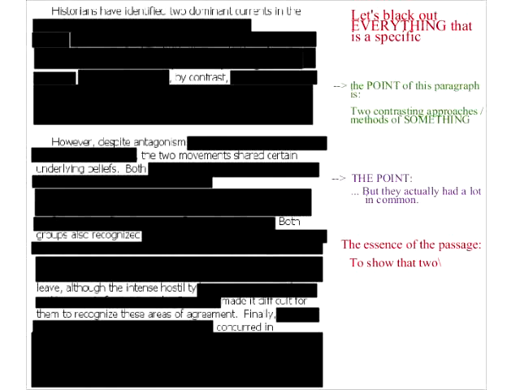to show that two contrasting approaches to something actually have stuff in common. Okay, does anybody disagree with this?